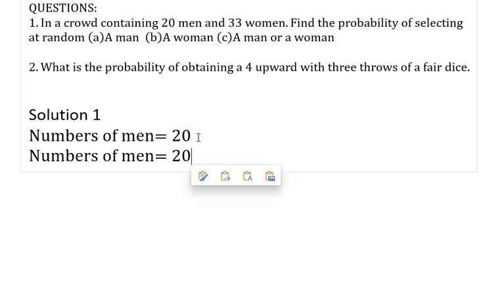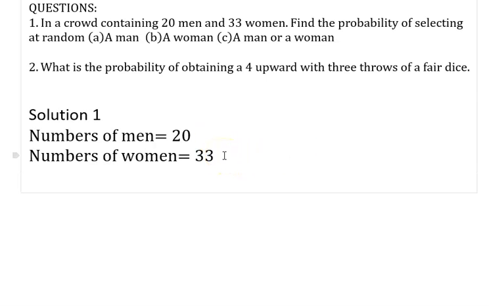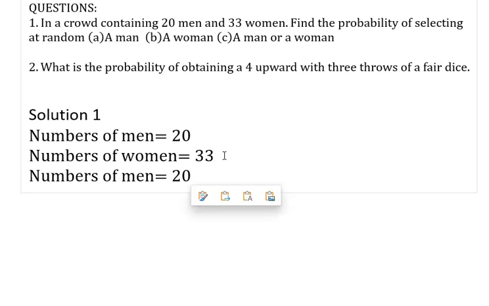Number of women, we have how many of them? 33. So the total number of people there now, we need to put that into consideration too.